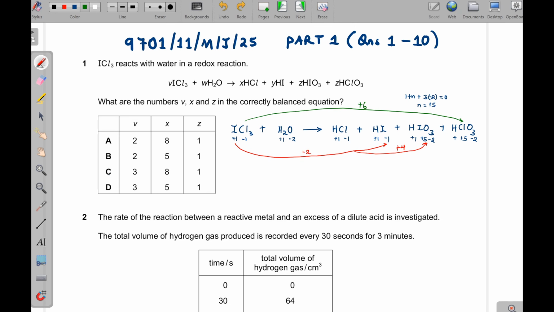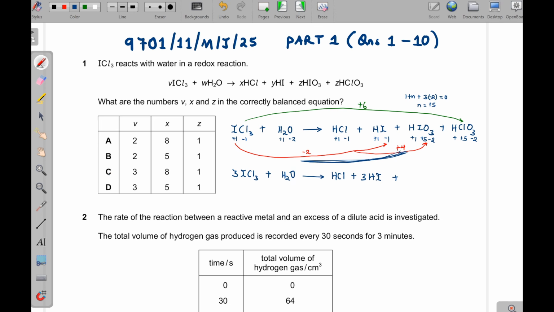Now, check what we are going to have here. Now, I'm going to have a 3 here, iodine trichloride, then plus, let me first leave the water here, then HCl, then plus, this is hydrogen iodide here. I'm supposed to put here 3, right? Then plus, now here there is a change also. So because there is a change here, this is a 4.